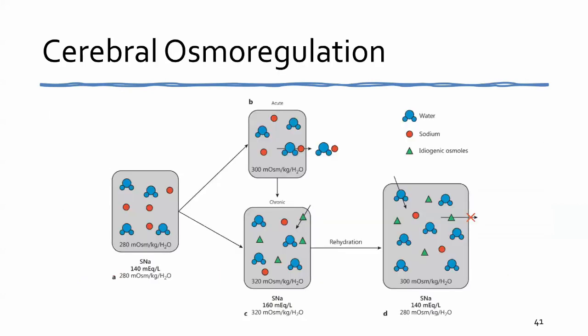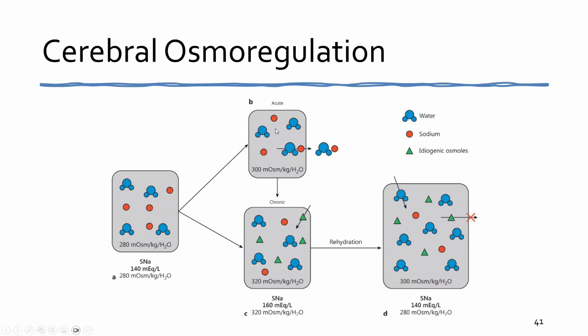Okay, then we have another protective mechanism against severe hypernatremia, and it's called cerebral osmoregulation or cerebral adaptation. So this is a protective mechanism against severe cellular dehydration, and it attempts to maintain brain volume. So in this figure, A on the left is a normal cell with a normal osmolality and a normal sodium concentration of 140 millimoles per liter.